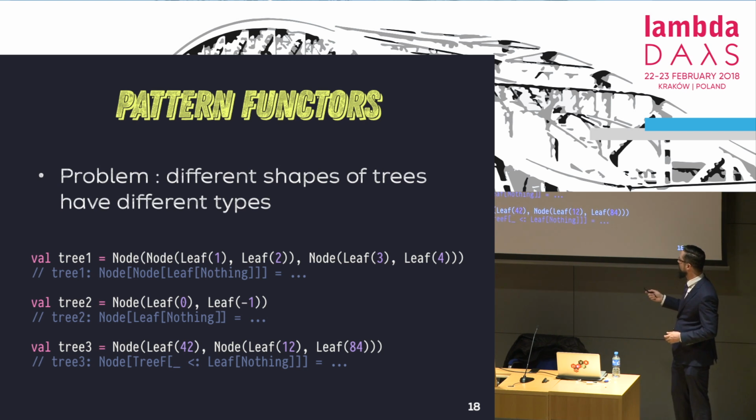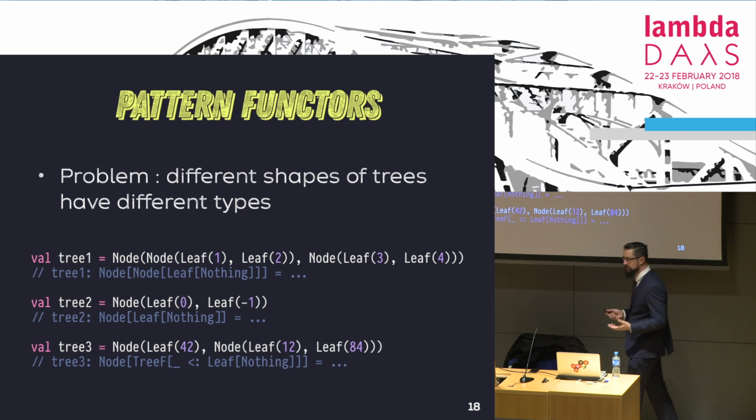But if I have only a one-level-deep tree, its type will be different. And if I have mixed depth, an unbalanced tree, I have an even weirder type, right? So it's a problem because we want to write functions that take trees, but we cannot find a type to label our trees.